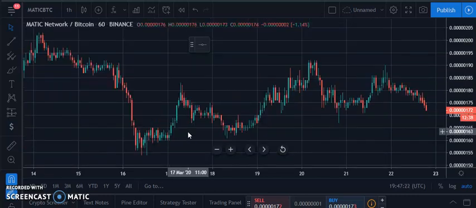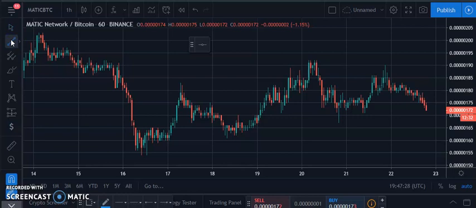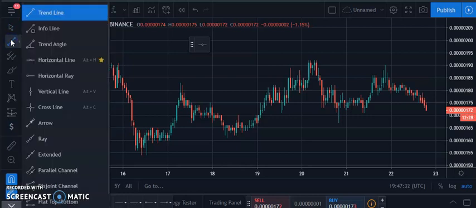All right, so this is where we start from. Follow the mouse please, so you know where I'm getting what I want to use. This is info line, trend angle, horizontal line, horizontal ray, vertical line, cross line, arrow, and ray.